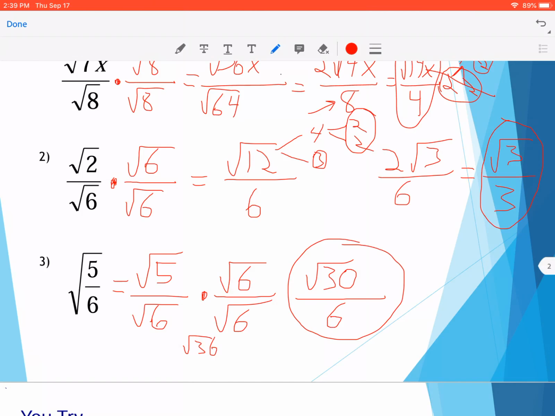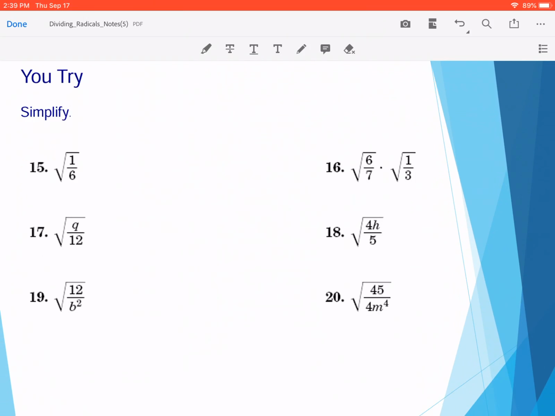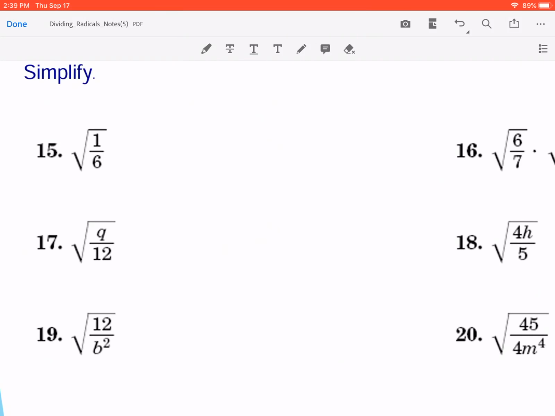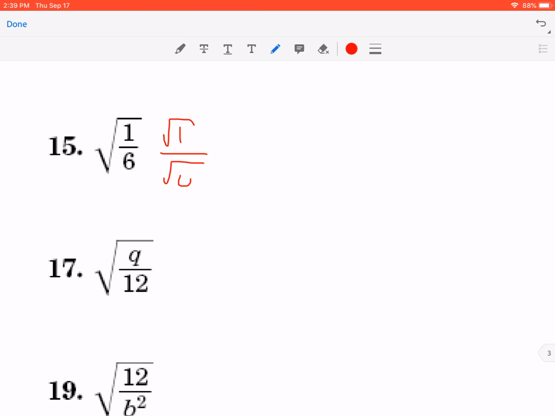All right, again, we'll just look at a couple of these here. Number 15, same thing. If you wanted to do radical 1 over radical 6, again, the problem is the 6 on the bottom. All right, well, multiply it by radical 6 over radical 6 again.